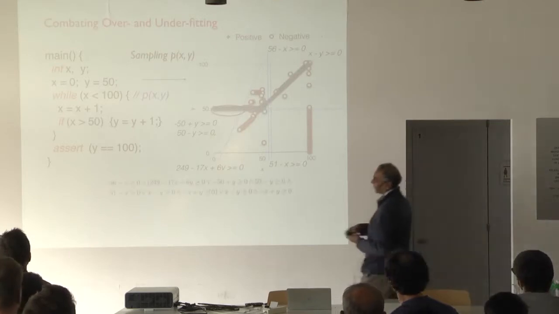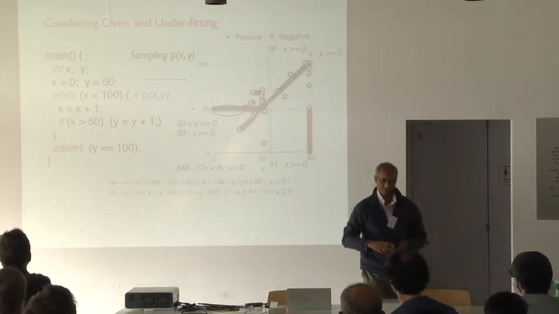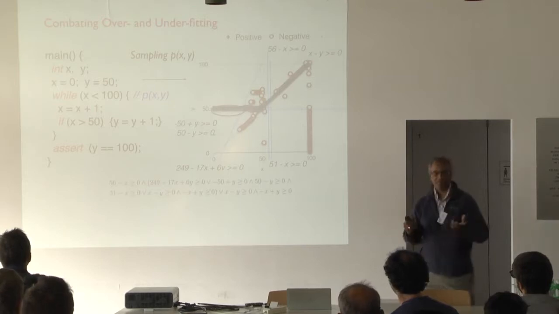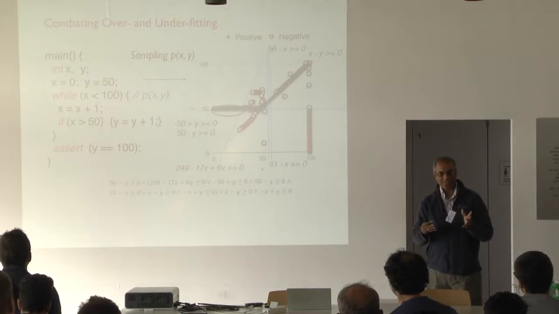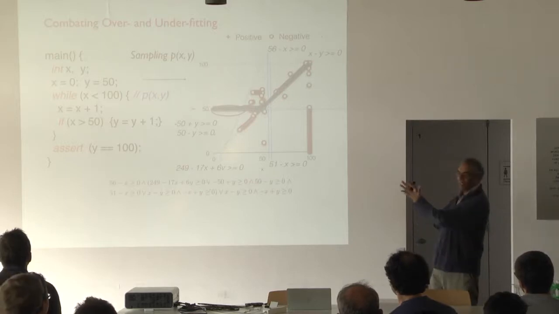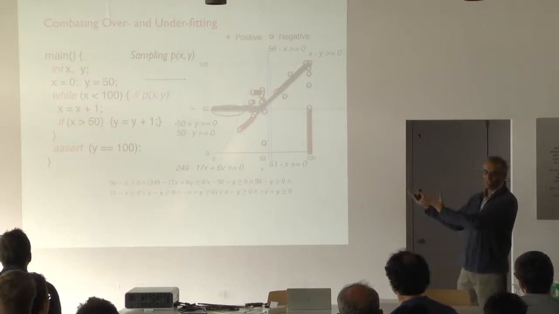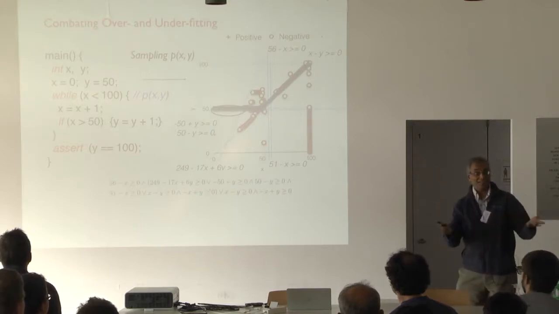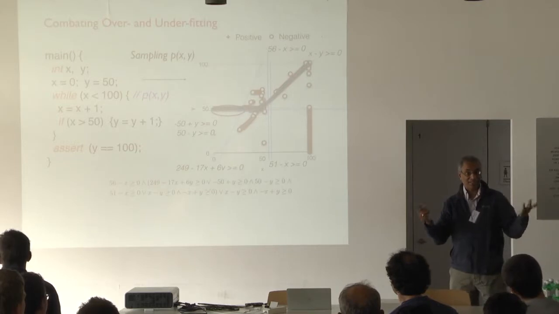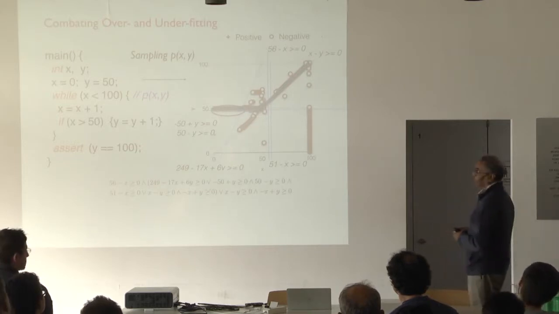It has stuff like 249 minus 17x plus 6y greater than 0. So ignoring the issue of whether this is actually verifiable by Z3, just as a human, it's bizarre because there's no 249 sitting in the program, but the classifier seems to believe that that's a valid classifier.